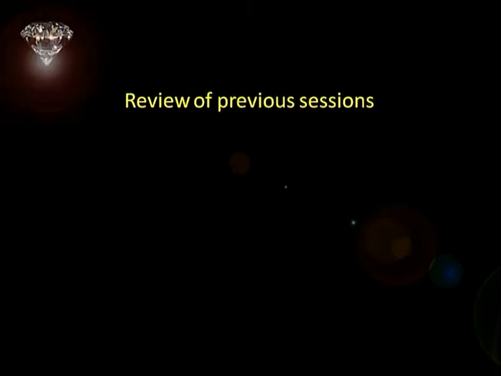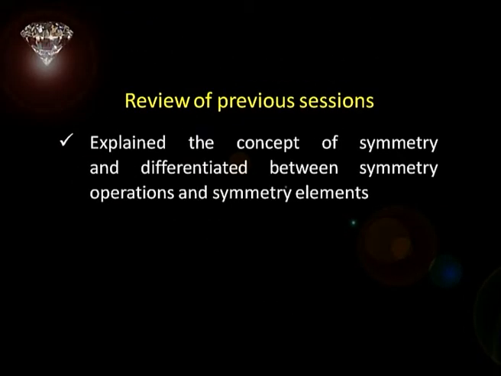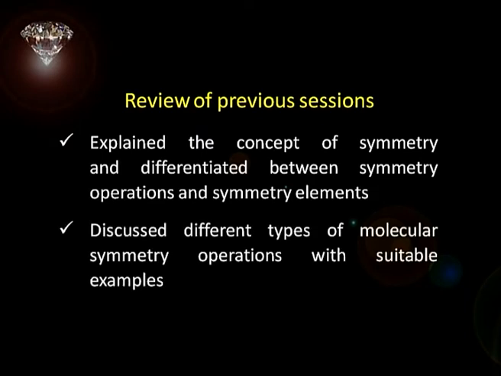Having done that, we took up the concept of symmetry and differentiated between symmetry operations and symmetry elements. Thereafter we discussed different types of molecular symmetry operations with suitable examples, and also saw the symmetry elements around which these operations are executed. So, that is what we have done so far.